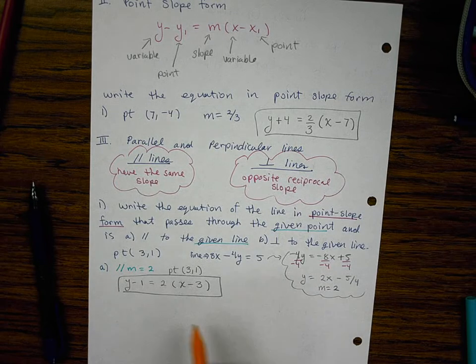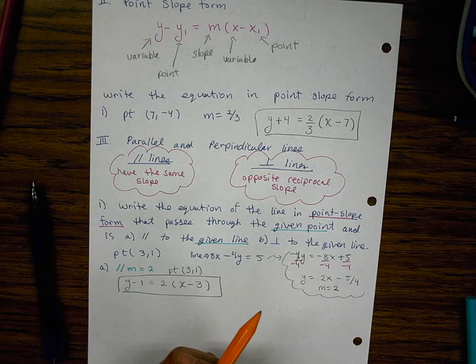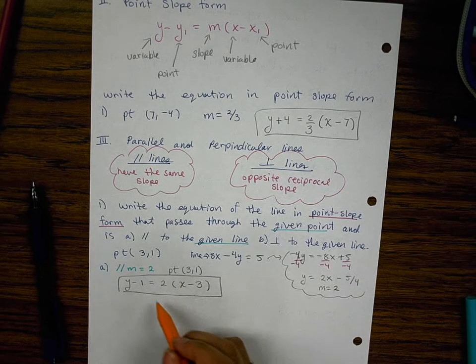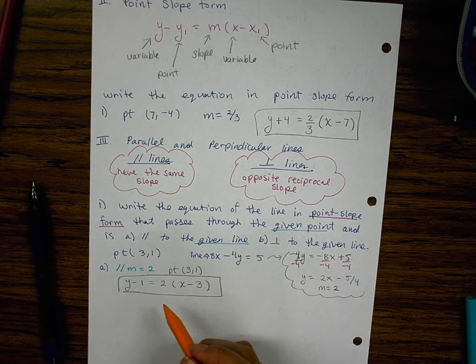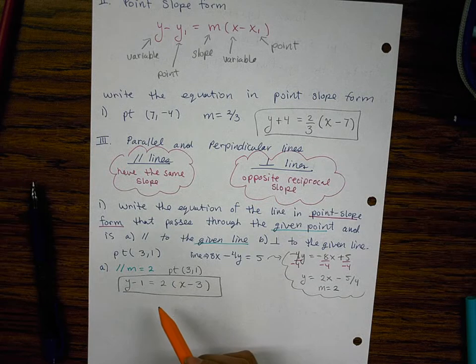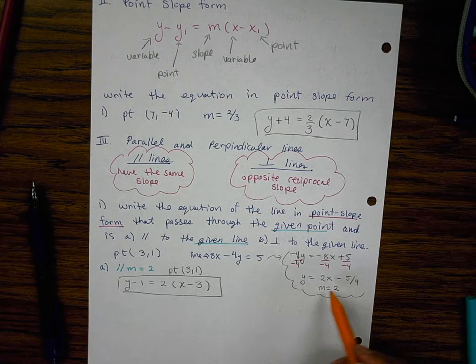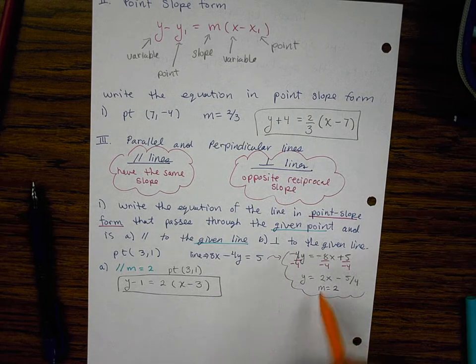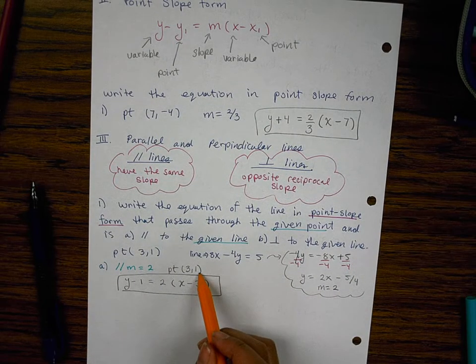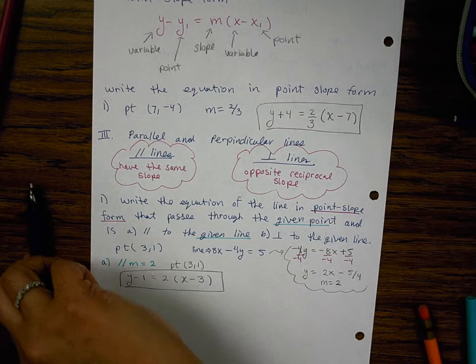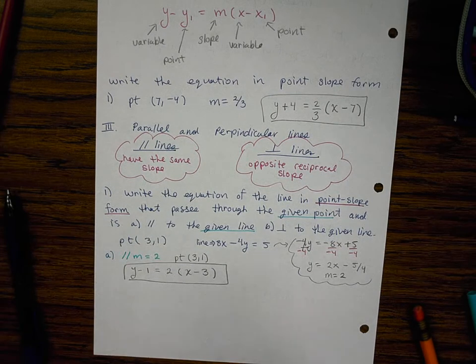No distributing, no getting y by itself. If you were to graph this with a graphing calculator, you'd need to get it into y equals mx plus b form. Either way, if you graph it along with the original line, they would be parallel, and this line would go through the point (3, 1).